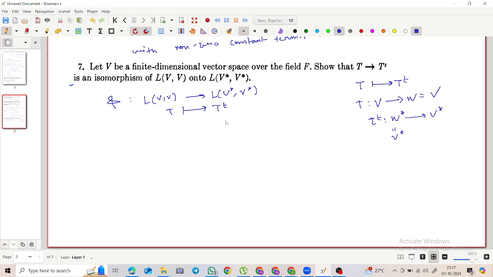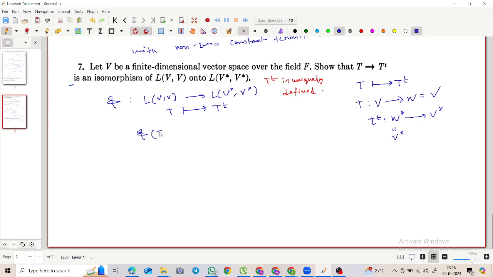This theorem says that every linear transformation has a unique transpose. Exactly, very good. So a corollary of the theorem is that T transpose is unique. Now tell me, how do we prove it?